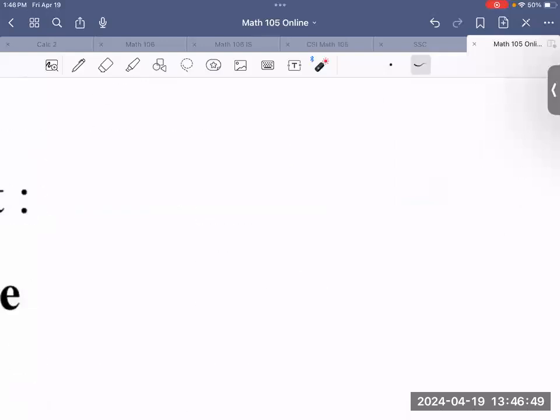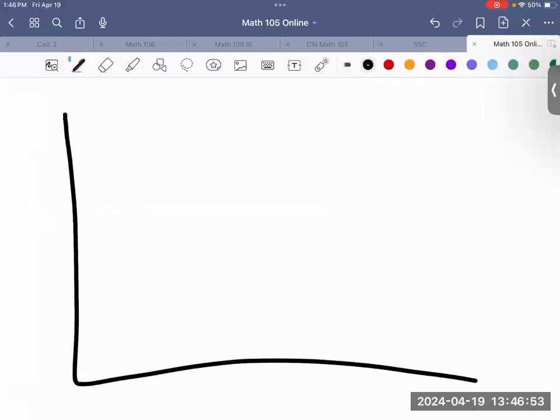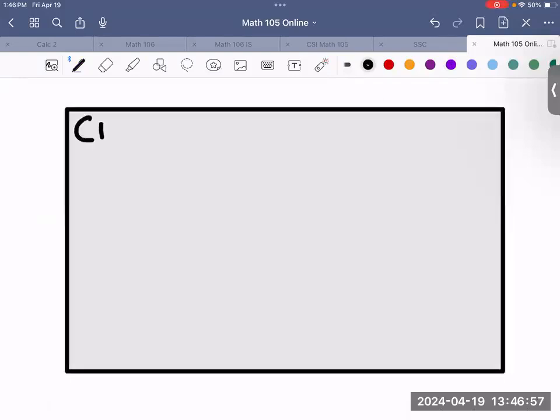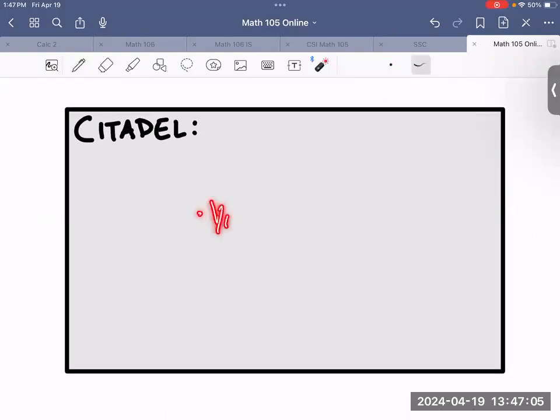Now, to get an idea of what we're talking about, maybe you need a quick example of a set. So take the Citadel, and we can say, if it's people, you are an element of the Citadel. You're attending the Citadel. I am also an element of the Citadel. I am teaching here. You could also do it with buildings.